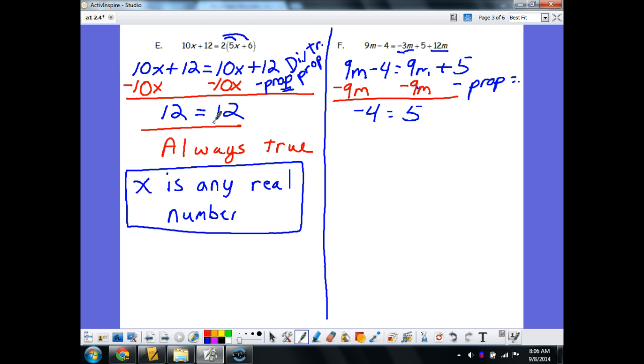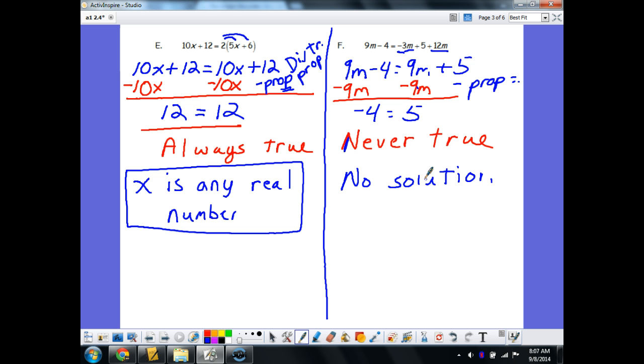But in this case, when is negative 4 equal to 5? Well, never. So we've arrived at an equation which is never true, which means the original equation is never true. Doesn't matter what x is. X could be anything in the world, that equation will never be true. So therefore, we have no solution.